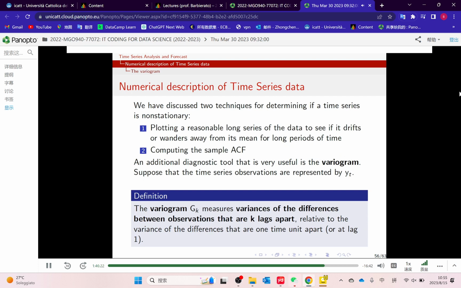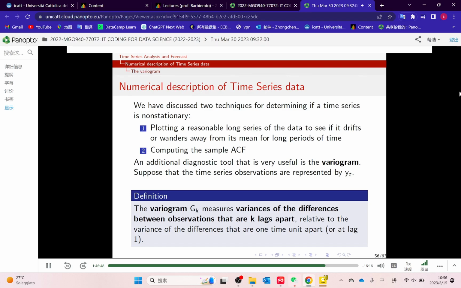As I was saying, there is a vast range of techniques to understand if a time series is stationary or not. Again, why do you need a stationary time series? Because you need to apply a forecast model. You cannot use a forecast model if your time series is not stationary. So, so far we just saw a few techniques.